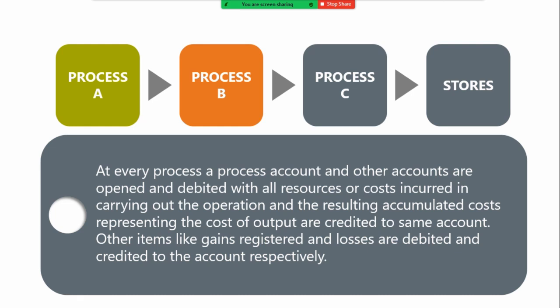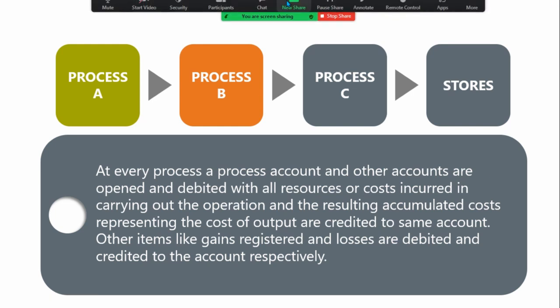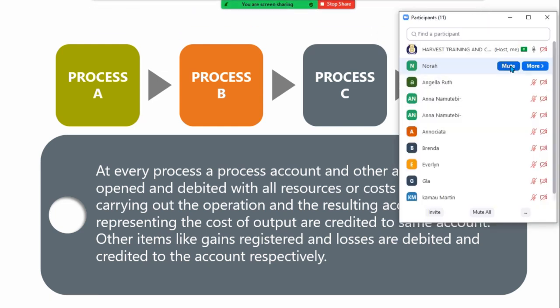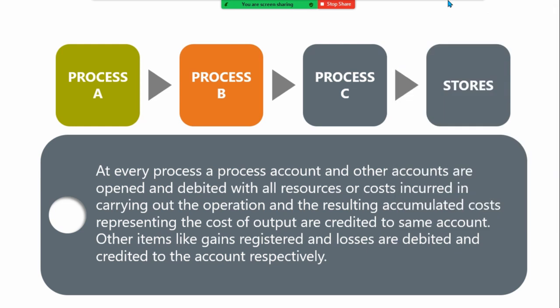So we are saying that at every process, a process account and other accounts are opened, and these are debited with all resources or costs incurred in carrying out the operation, and the resulting accumulated costs representing the cost of output are credited to the same account. Other items like gains registered and the losses incurred are debited and credited to the account respectively.